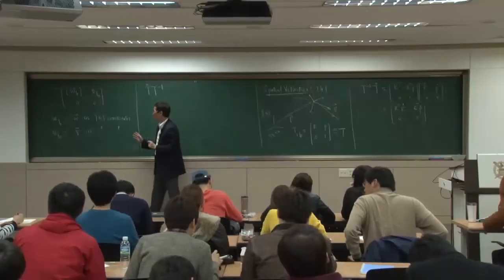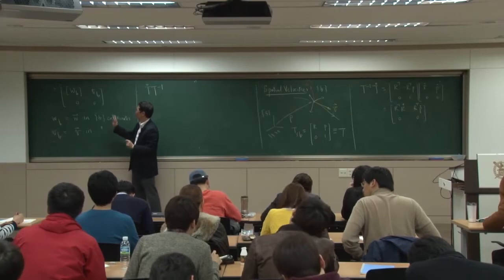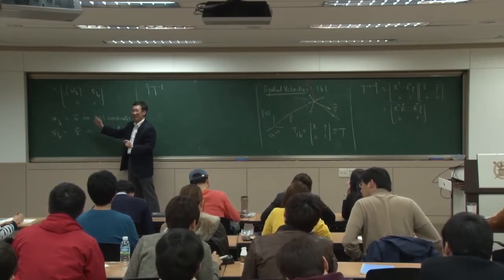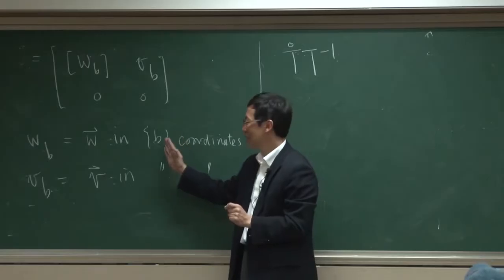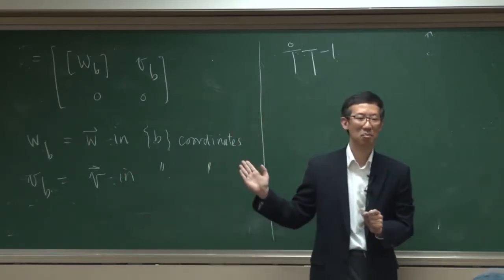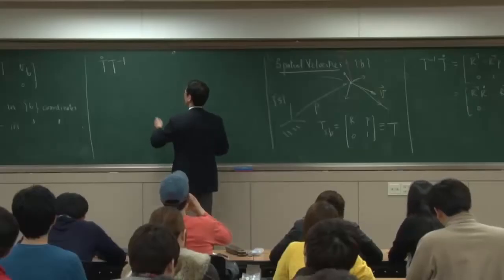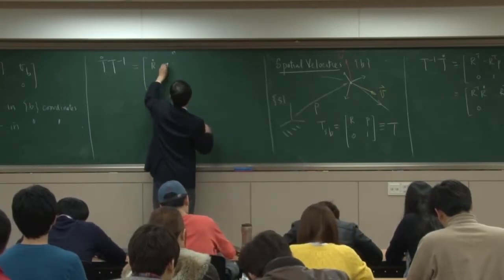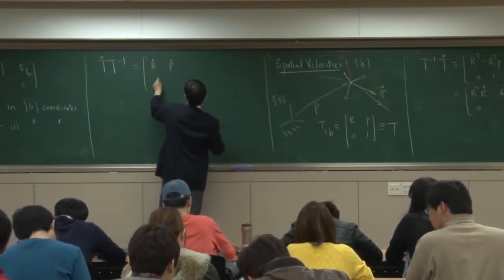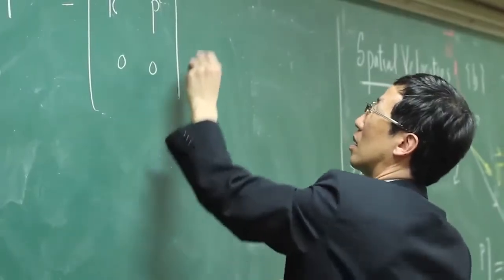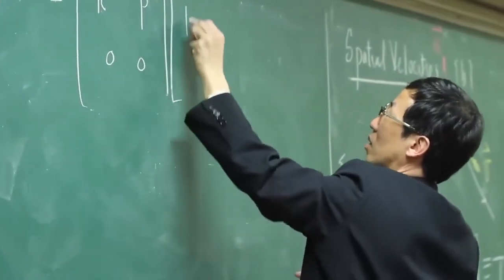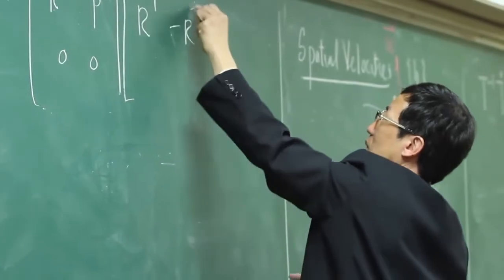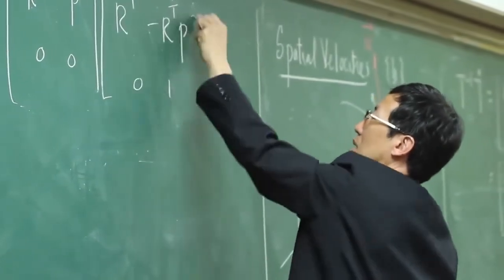Well, it would be nice if we get omega in S frame coordinates and V in S frame coordinates, right? Let's see if we get that. So T dot T inverse, this time switch the order. R dot, P dot, 0, 0 times T inverse, R transpose, minus R transpose P, 0, 1.